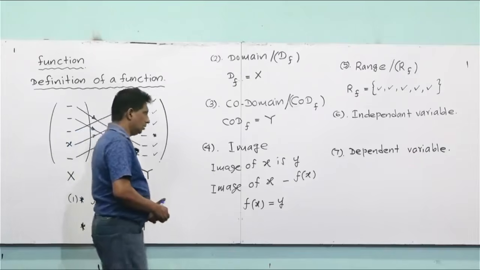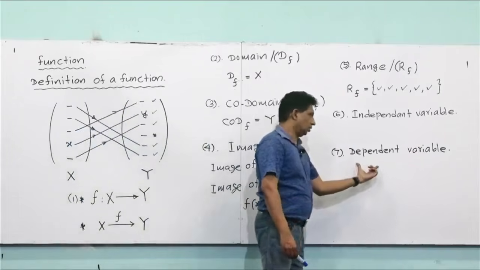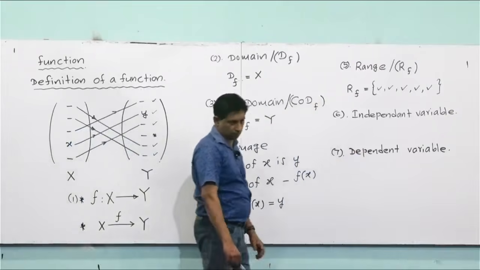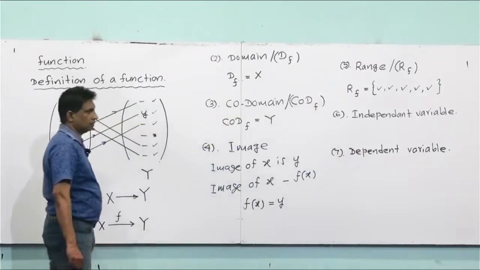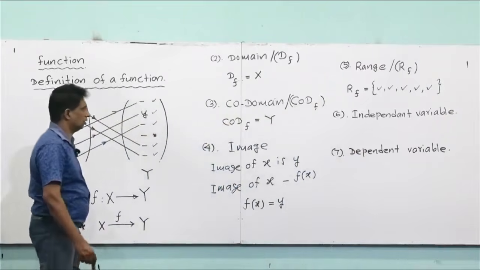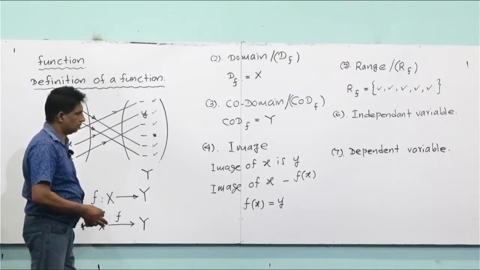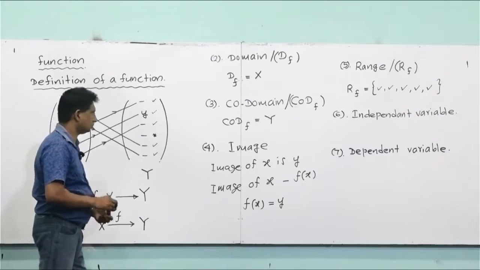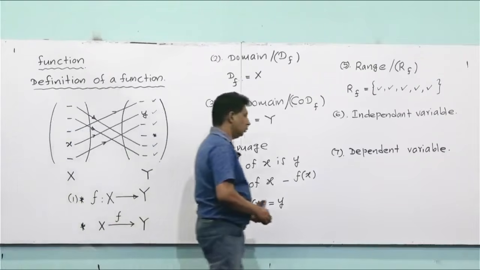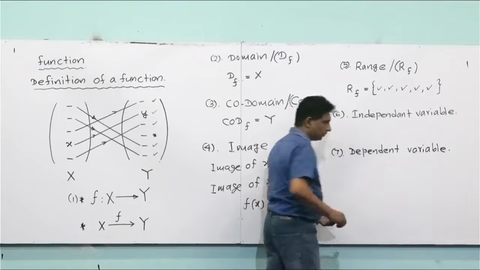Right. Then seventh one, dependent variable. Then write down this way.